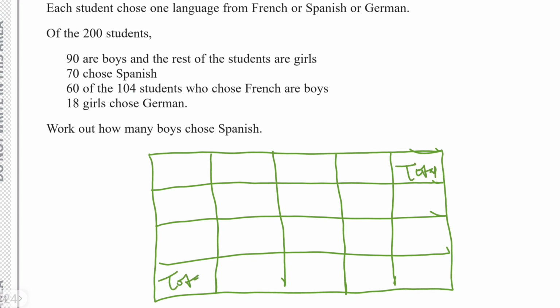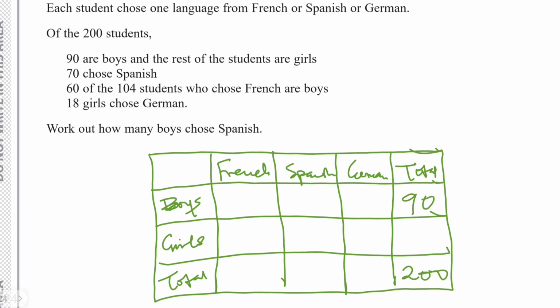So I have boys and girls, and this is French, Spanish, and German. So 90 are boys, so this is 90. If the grand total is 200, that means the girls are 110. So 70 choose Spanish, so this is 70.